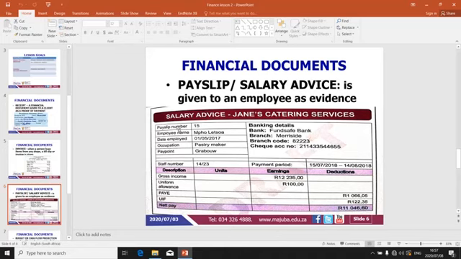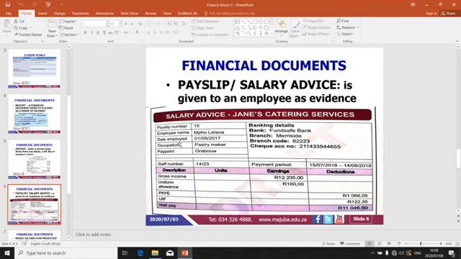The owner of this salary advice is Jane's Catering Services. It's payslip number 15. What is the name of the bank? It is the Fund Safe Bank. Also, the branch code is written. The name of the employee must appear, like here it's Paul Litswale.